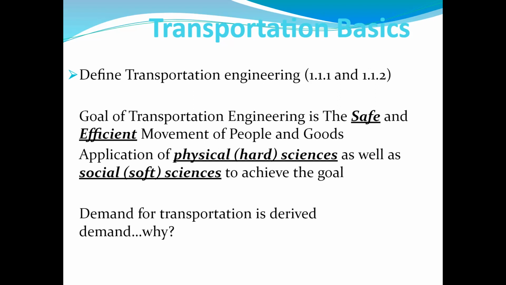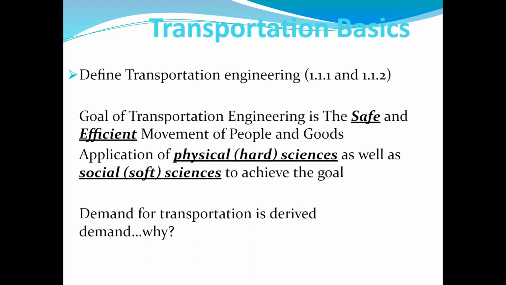And the other thing about transportation systems is that we apply the physical and the hard sciences. A lot of that will be talked about in the transportation design part, the pavement design part, where there is a lot of application of physics, a lot of application of material sciences, for example.